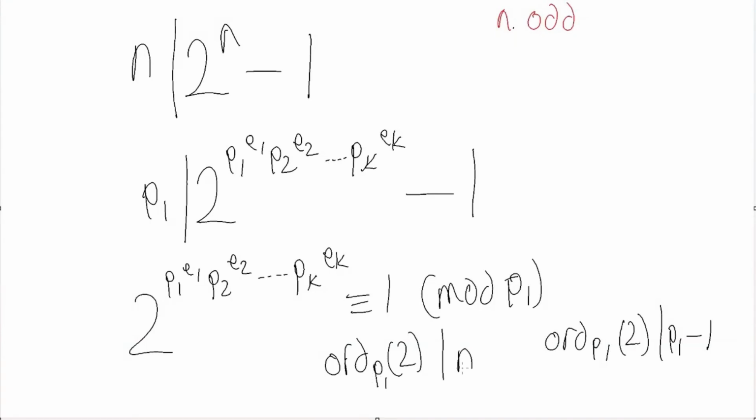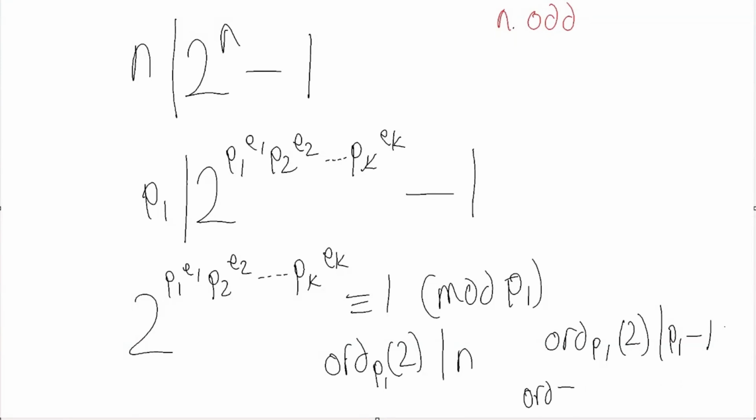So we can't really say anything about the order. But we can say that because the order divides both of these, that means that the order has to be a common factor between n and P1 minus 1. So if they shared no common factors other than 1, then this means that the order is equal to 1, or 2 is equivalent to 1 mod P1.